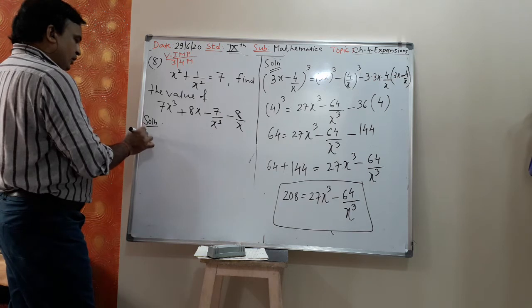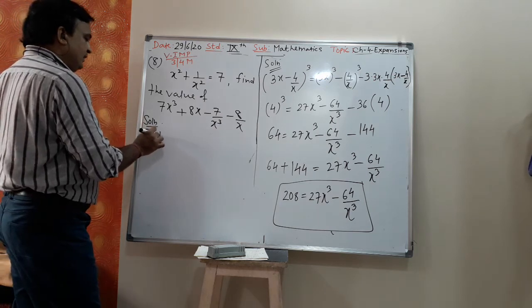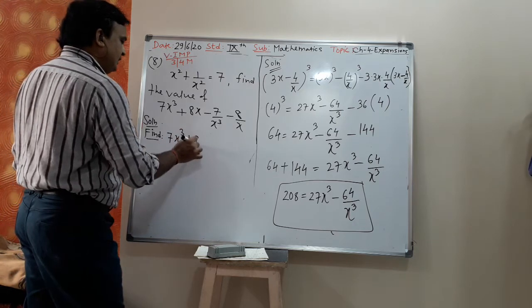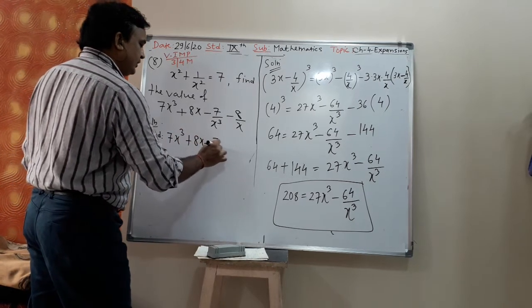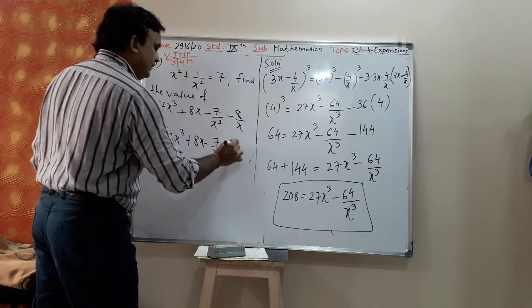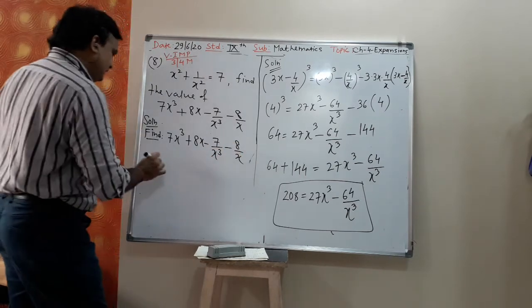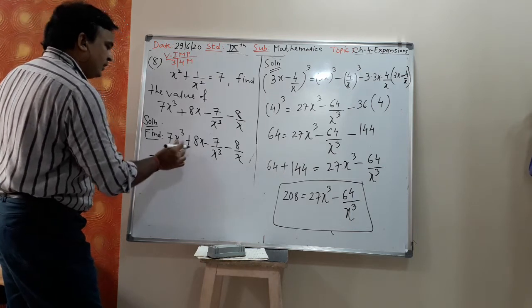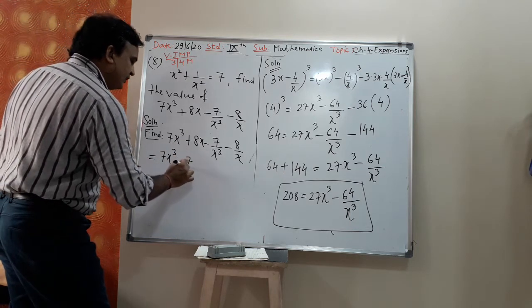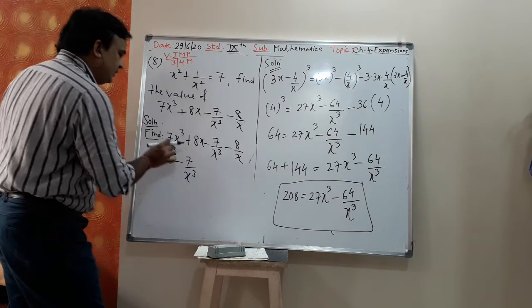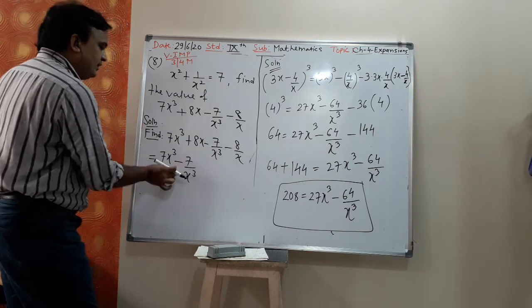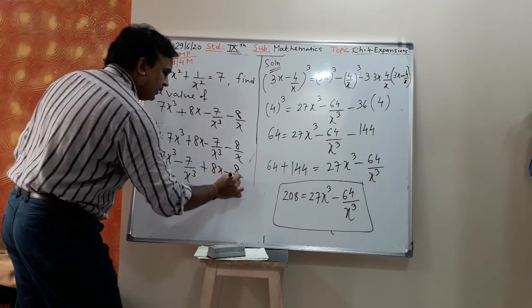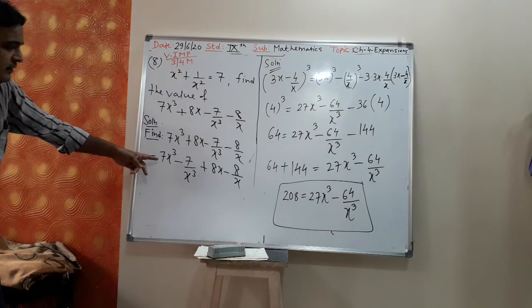So what do we want to find? We want to find the value of 7x cube plus 8x minus 7 upon x cube minus 8 by x. Now 7x cube and minus 7 upon x cube I will take together, and plus 8x and minus 8 upon x I will take together.